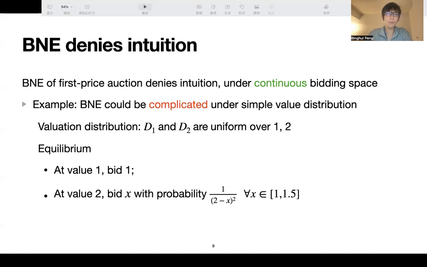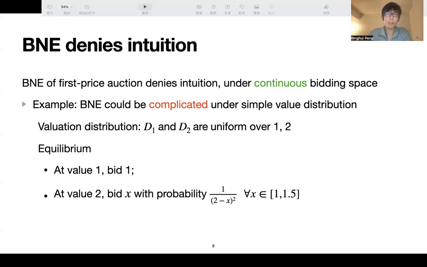Here's another example. I want to show that Bayesian Nash equilibrium could be very complicated and very strange, even under very simple value distributions. Again, there are two players and they have the same distribution, uniform over 1 and 2.